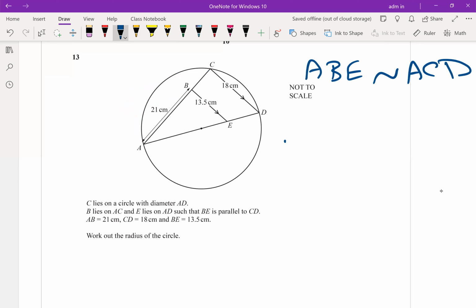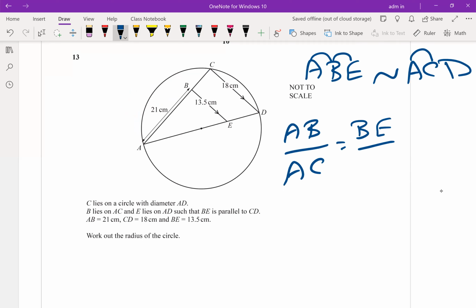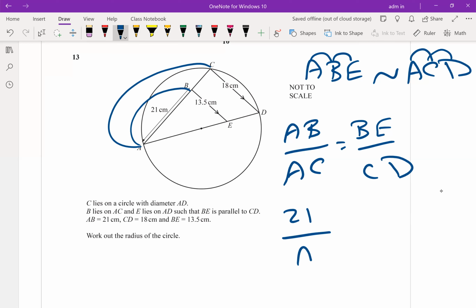Side AB over side AC, BE over CD, same order. AB is 21, AC is not given, equals BE 13.5, CD is 18.